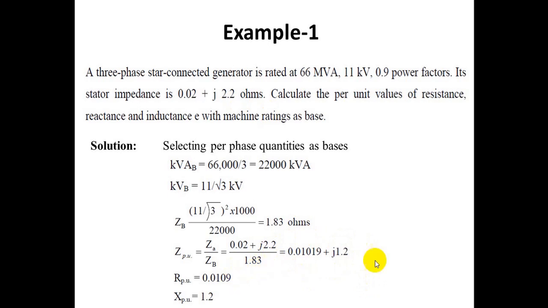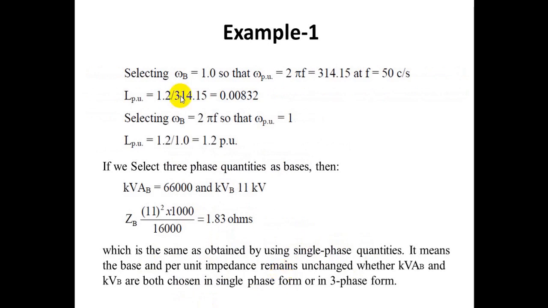In this equation you can simply say that the first parameter is the per unit value of the resistance, and 1.2 is the per unit value of reactance. So this is R per unit and X per unit, and their combination gives us the impedance. Now the last parameter is the inductance.